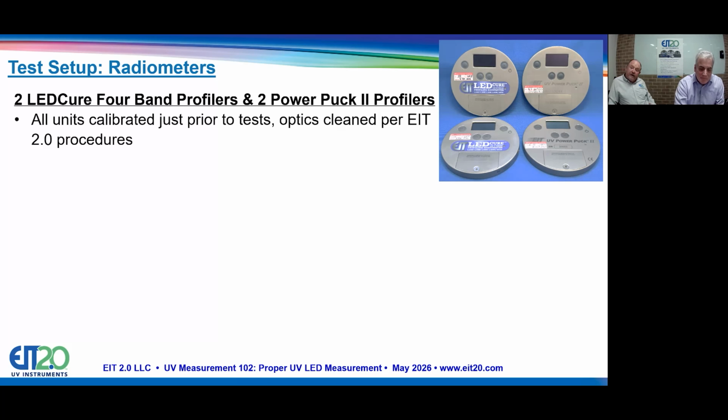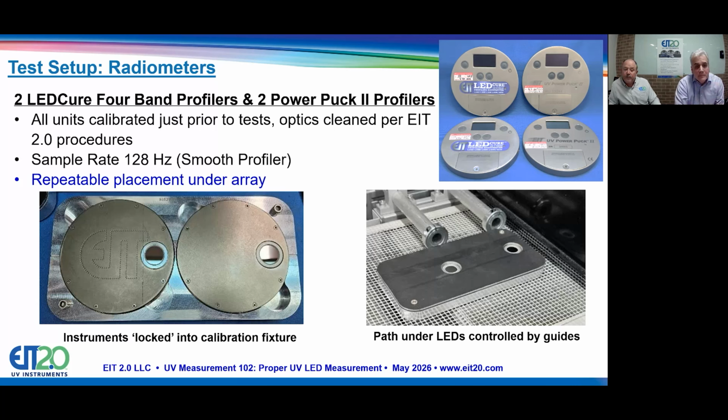We used 4 different units. We wanted to make sure that there wasn't any difference between the two units of the same type. We actually set these to a sample rate that supports the 25 feet per minute. The other thing that we did is we made sure that the instruments were locked under the same area of the LED each time.